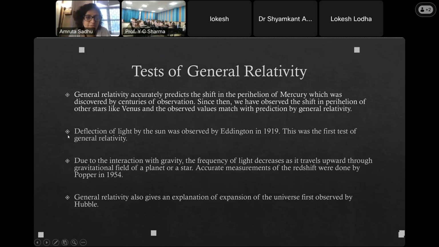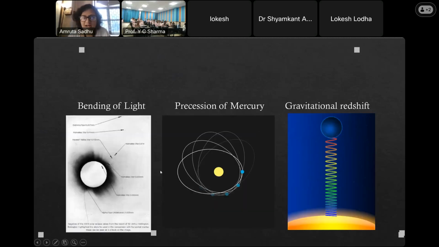One of the predictions was the deflection of light by the sun, tested by Eddington. He saw that stars that should be behind the sun could still be seen. We need to do this experiment during an eclipse, because otherwise the light from the sun is so much that you cannot see behind it.